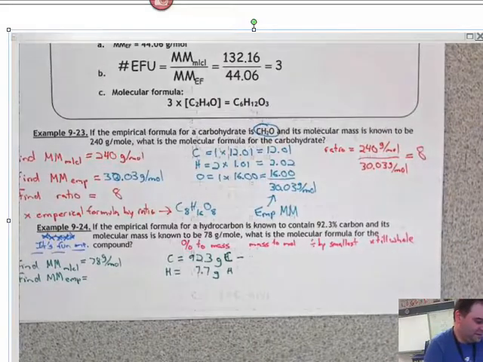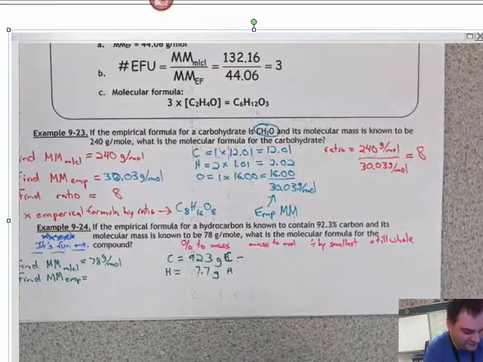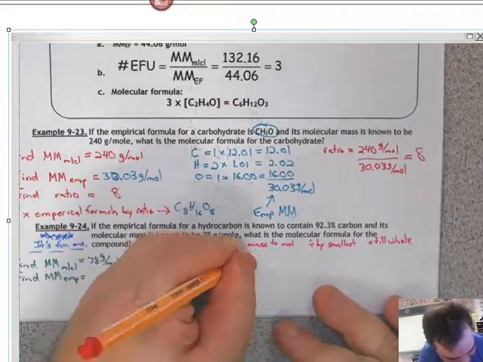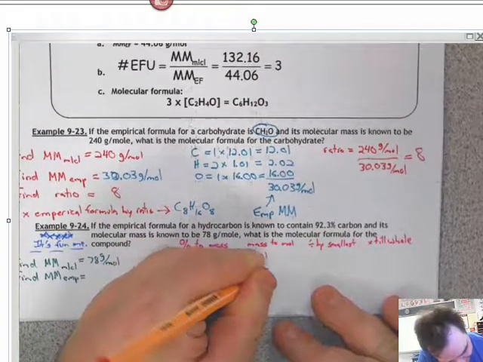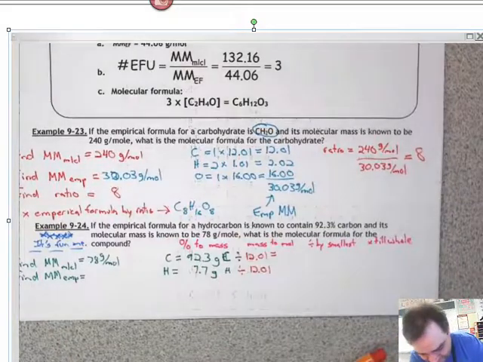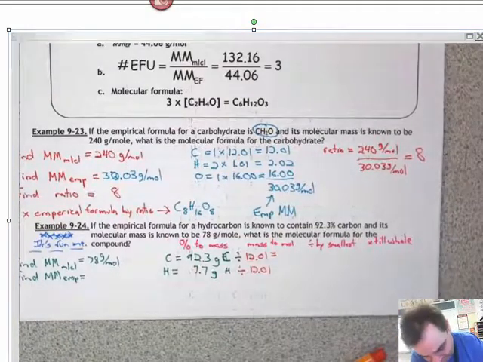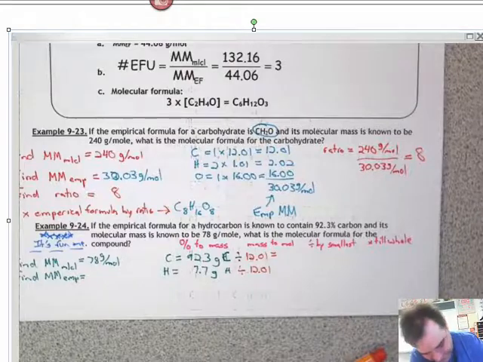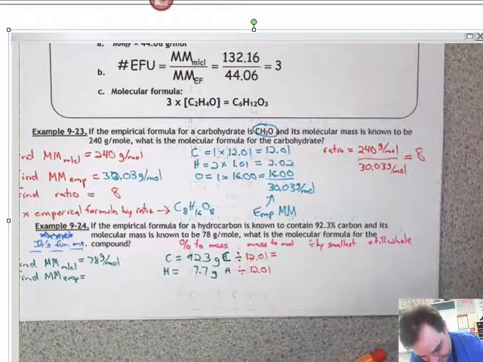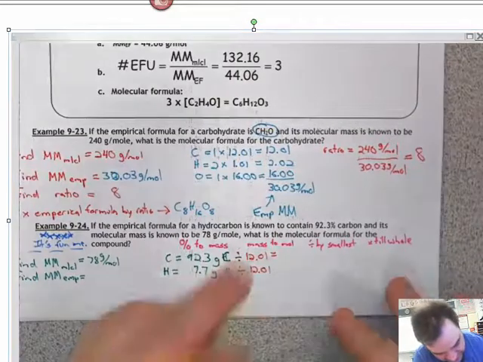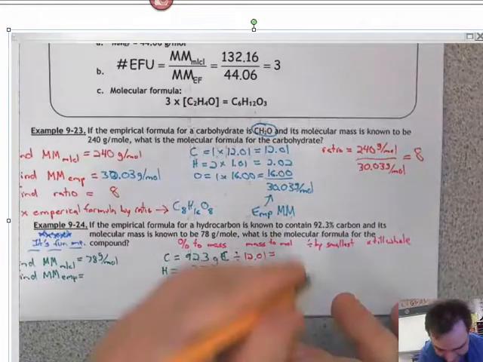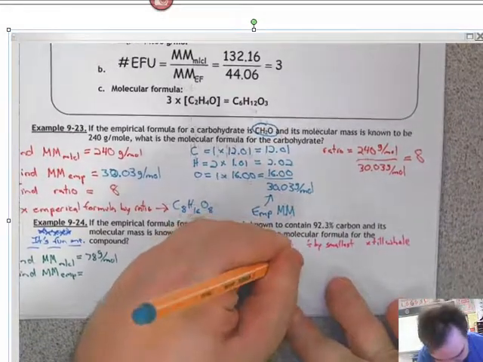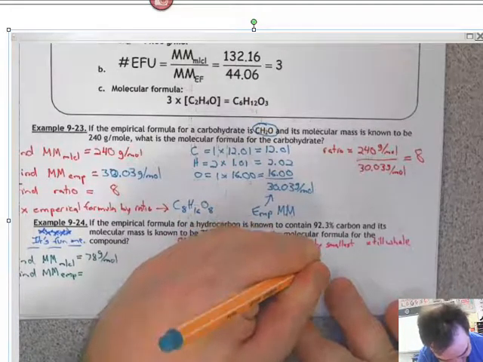So now we are going to divide by the molar mass, which is 12.01. Okay, so we get 7.68526.